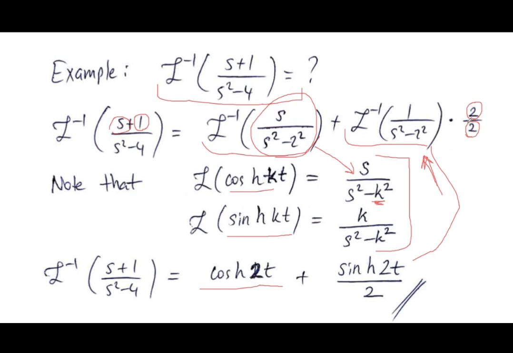If you think about this 2, you can take one of the 2s inside. Since k equals 2 and we have 2 in the numerator, that means we can write this as the hyperbolic sine function 2 times t. And then we have this 1/2 here. So that gives us sinh 2t over 2.